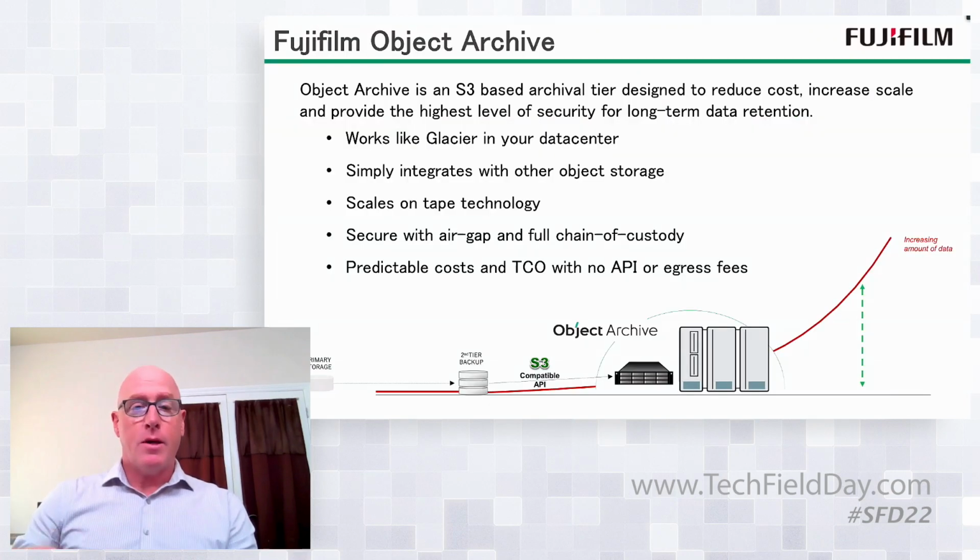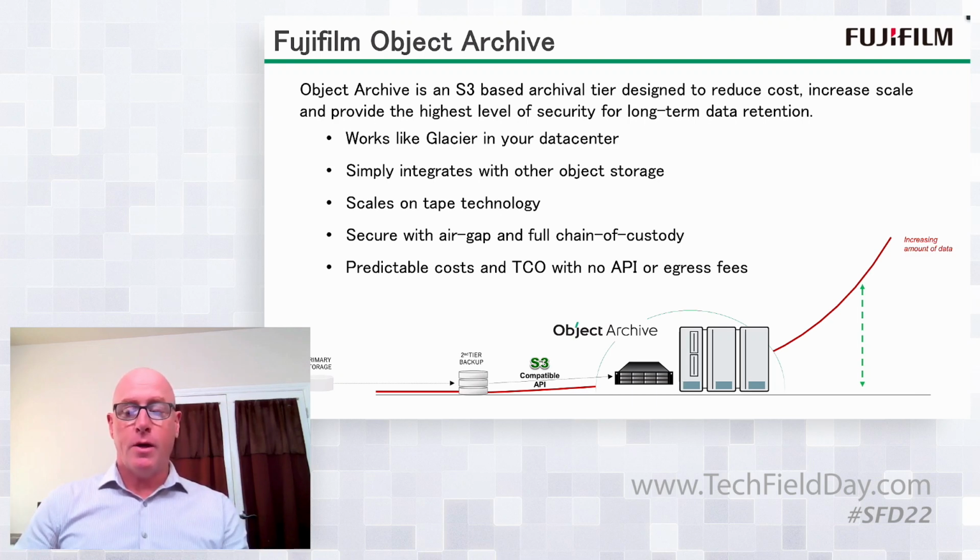Let me rehash a little of what Nami just shared about Fujifilm Object Archive. This is a product that was introduced into the market basically last year. It is a product for managing long-term data.